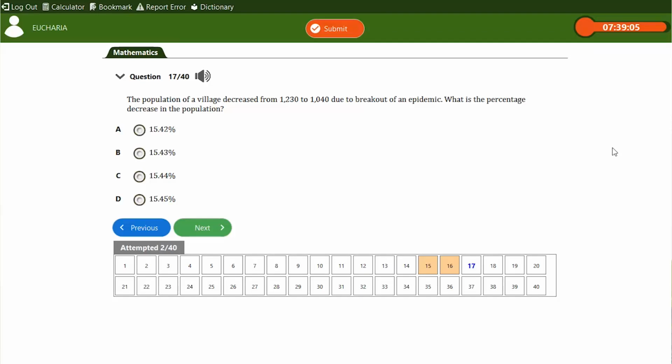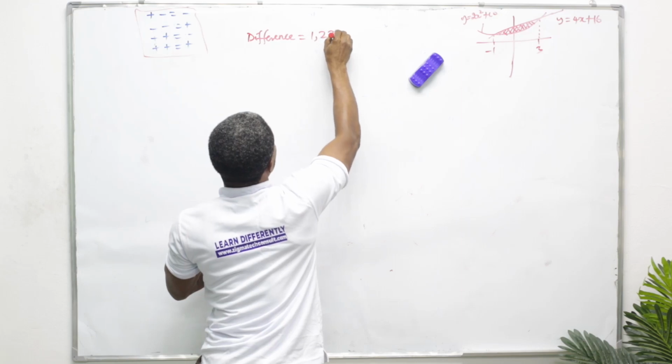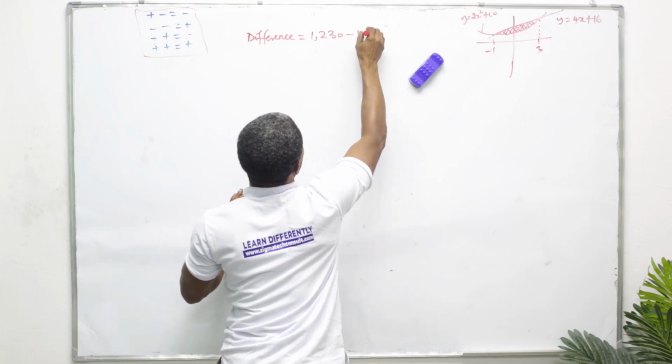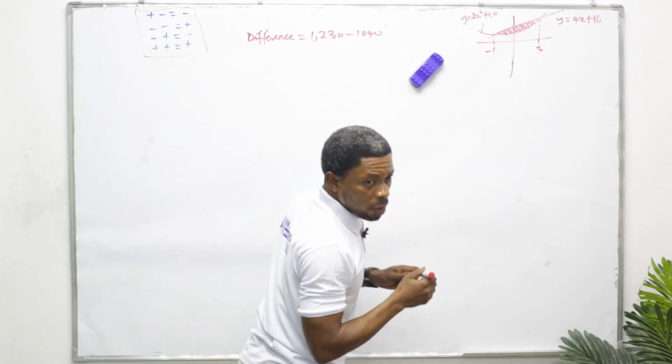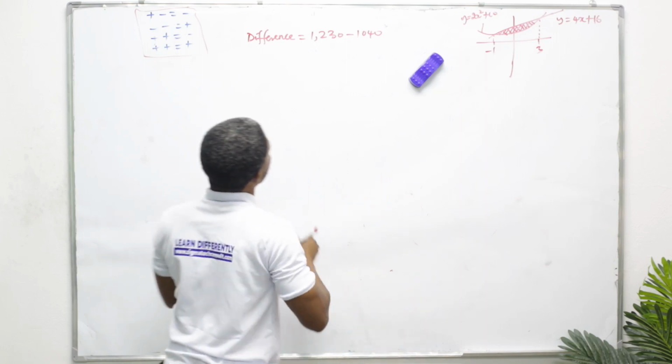Now, they say that the population of a village decreases from this number to this number. That means the difference is going to be 1230 minus 1040. That is the difference.